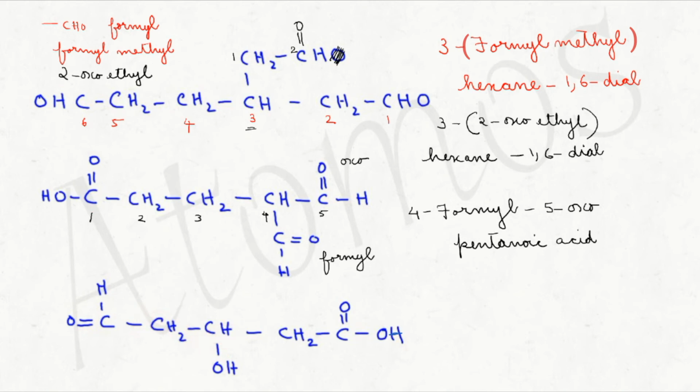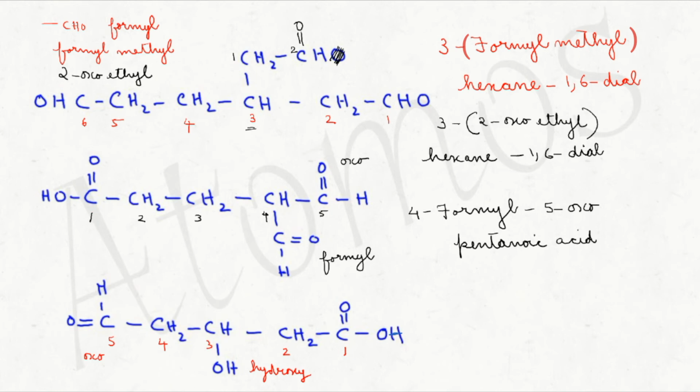So how the numbering should be done? From right to left. 1, 2, 3, 4 and 5. So what will be the name of this substituent? If you are including this carbonyl carbon, we will call it as oxo. When OH group is coming as a substituent, we will call it as hydroxy. So which one will be coming first in the alphabetical order?